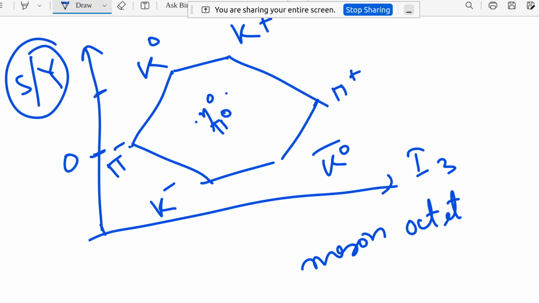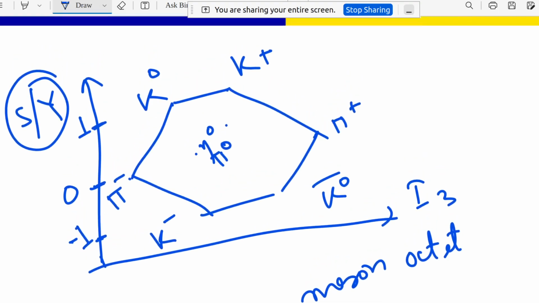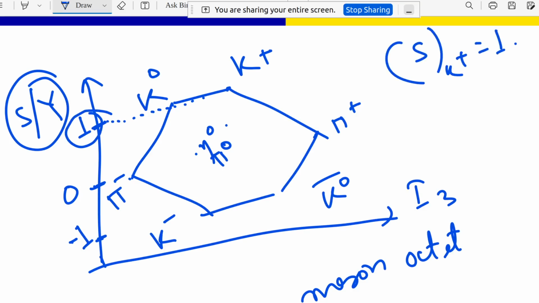Now coming here, this will be obviously 1 and from here it is minus 1. So from that notation I can say that this is K plus, right? So the strangeness of K plus is plus 1.